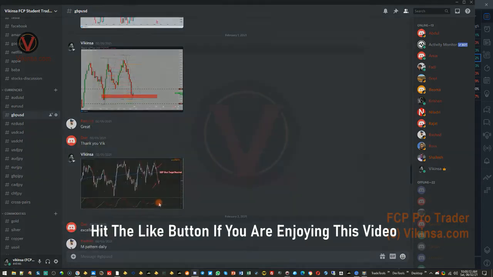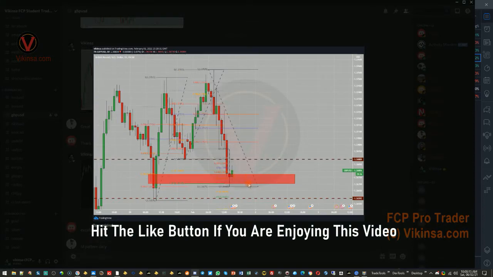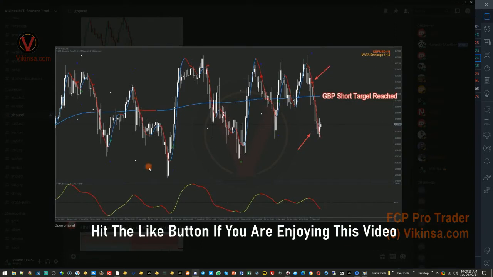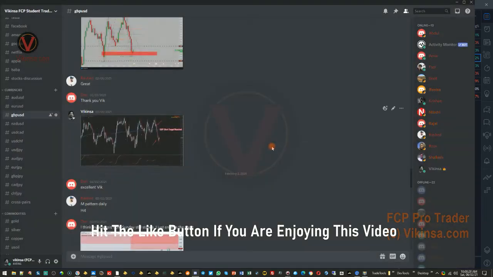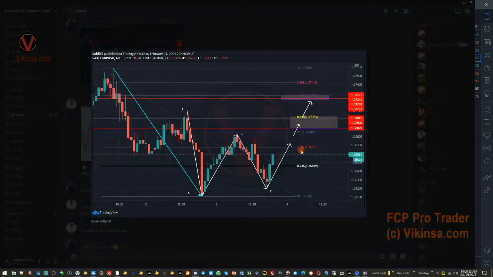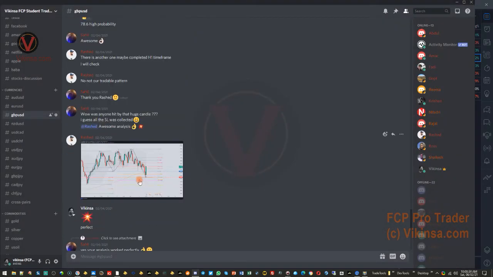You see, we had this M pattern forming, and that's why this was an FCP zone. The market could go up, and I also mentioned what the market was using as envisaged. We could have taken several ups and downs, several shorts and longs here, and then a few other students also joined in analyzing all of that.